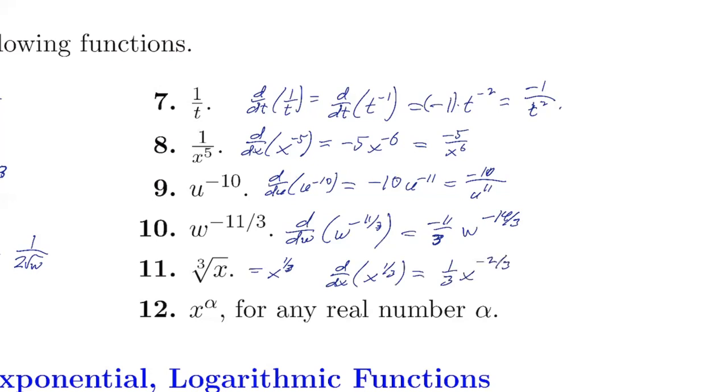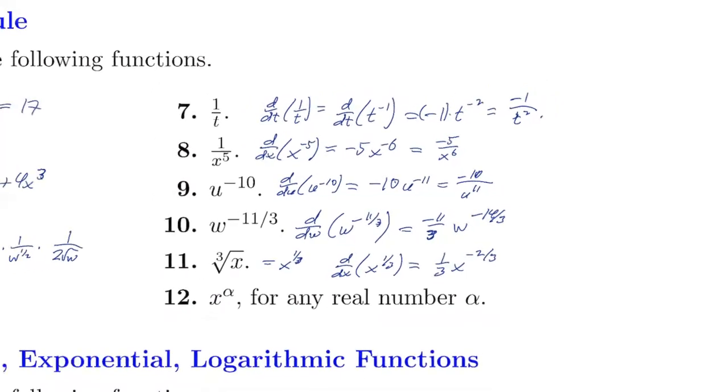When you subtract 1 from 1/3, you get negative 2/3, which you could rewrite if you really wanted to as 1/3 times the cube root of x squared. The minus sign puts everything in the bottom. The 2 is an x squared. The over 3 is a cube root. So you could write it that way. Again, this is mostly fine. It's just if you ever actually want to compute anything, you might have to look at it that way.